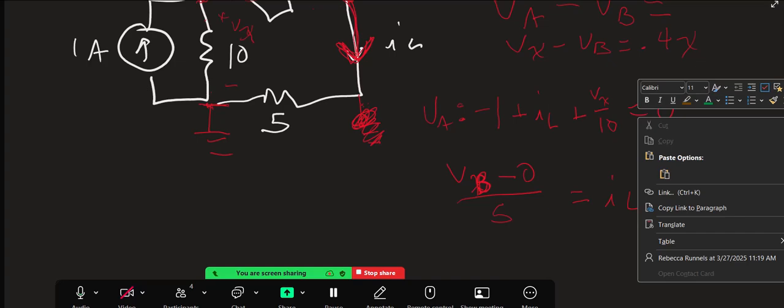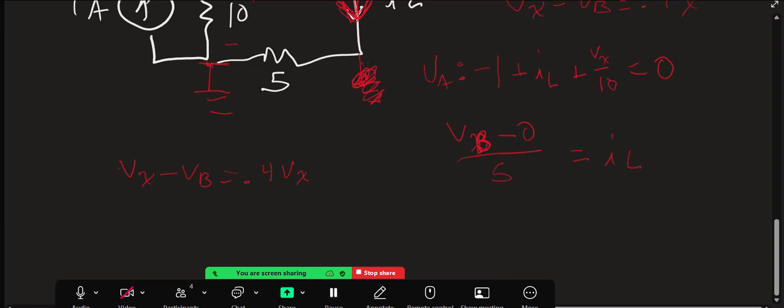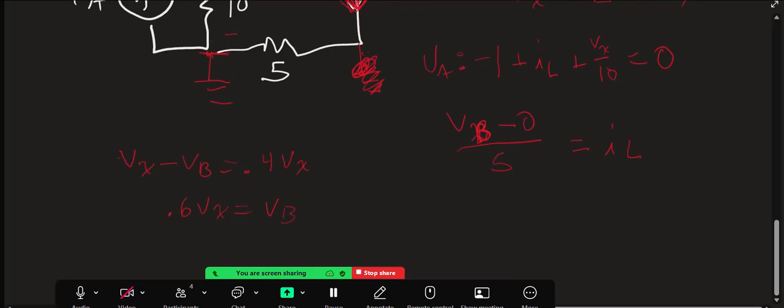So we have Vx minus VB equals 0.4 Vx, or 0.6 Vx equals VB.